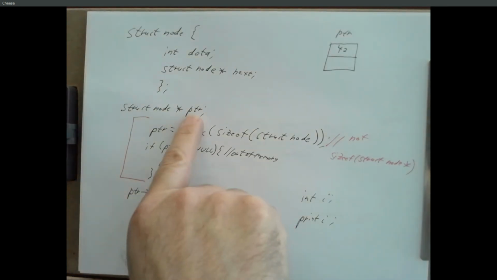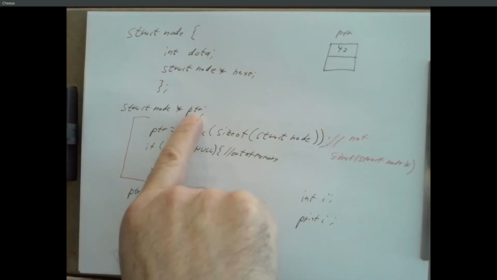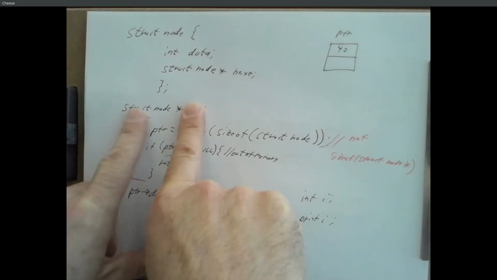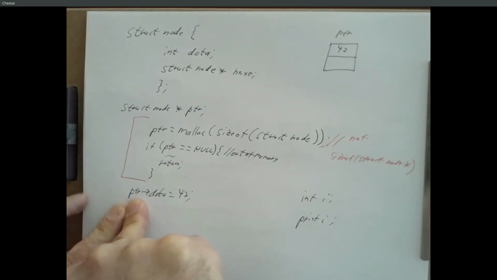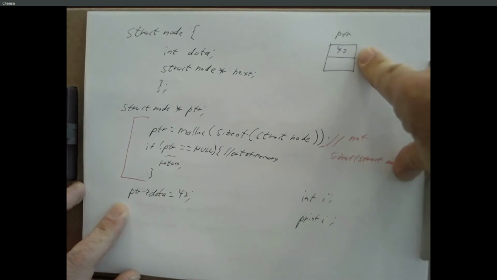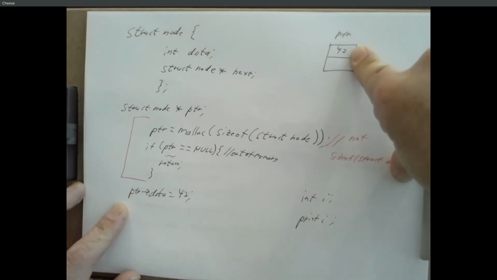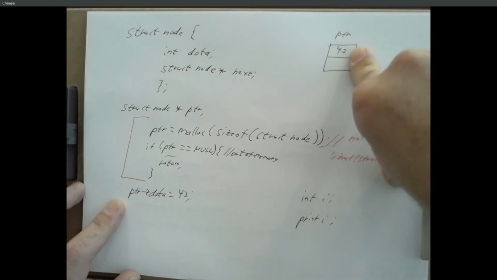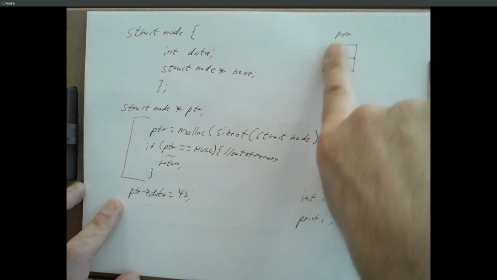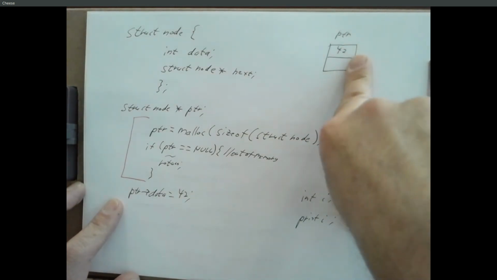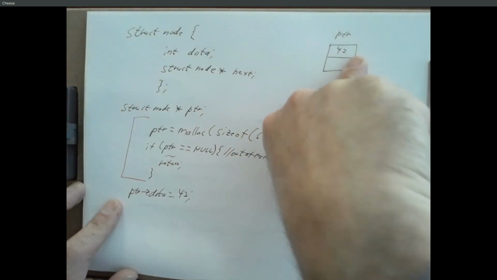Struct node star PTR, we don't know what the value of PTR is. We've said it's a pointer to a struct node, we haven't given it a value. So now we're saying whatever value PTR is, go to that location in memory, treat that as one of these nodes, set the data field equal to 42. Well, we have no idea where in memory it's going to go. If pointer is 0, it's going to try to go to location 0 and pretend that that's a struct node and set the data field equal to 42.